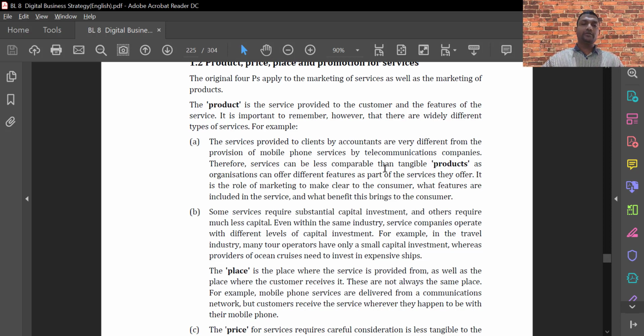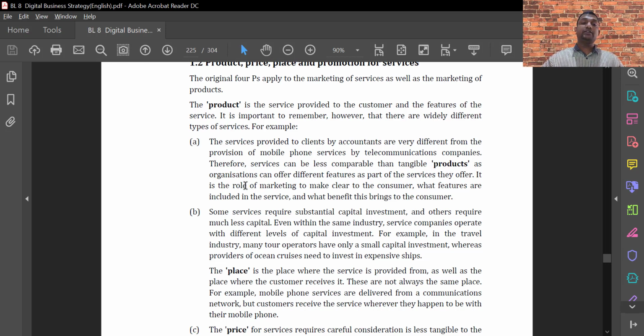It's difficult to compare services, and we can't take one measurement for all the services as with tangible products, because with tangible products we can have a comparison, and organizations can offer different features as part of the service they offer. So maybe similar types of organizations might have different levels of service.